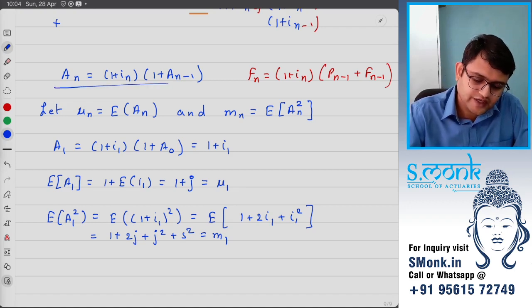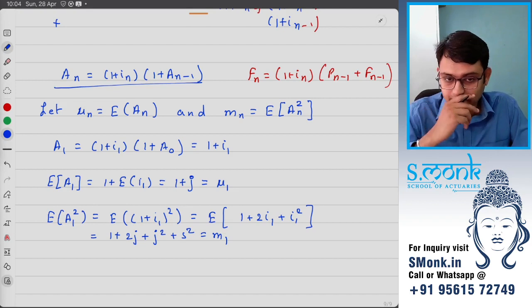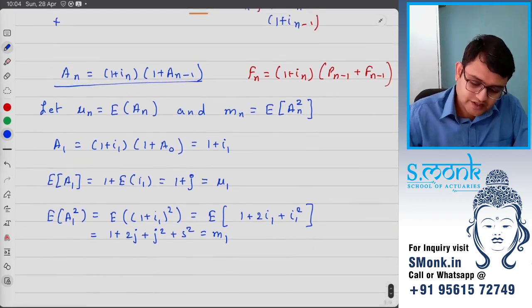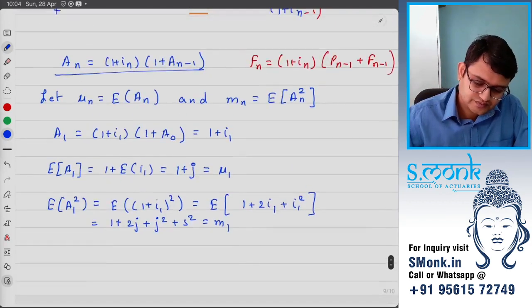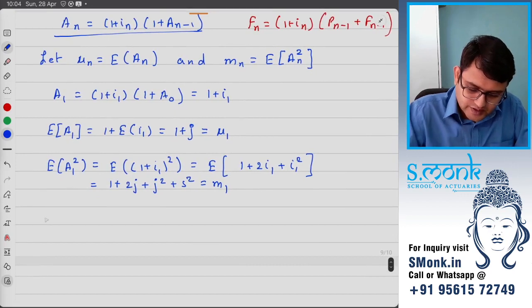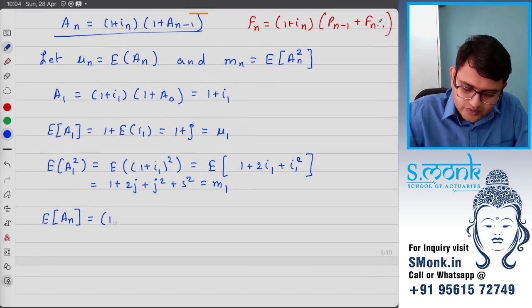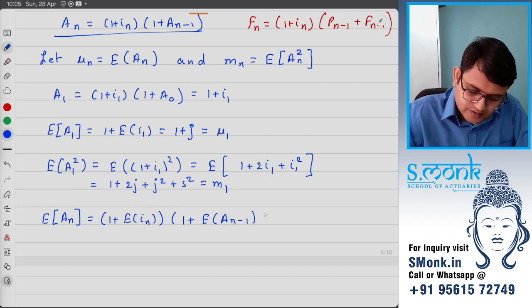Now if I take the expected value, the expected value of A_n will be equal to (1 plus the expected value of i_n) into (1 plus the expected value of A_{n-1}).